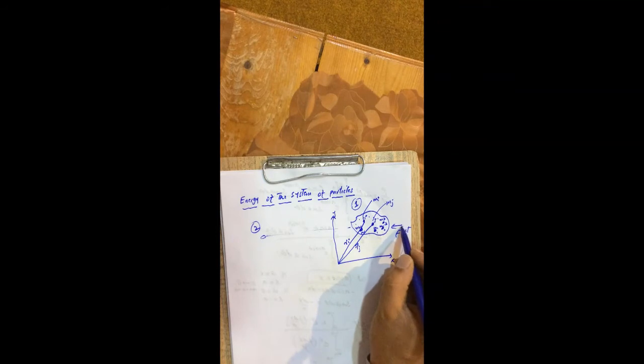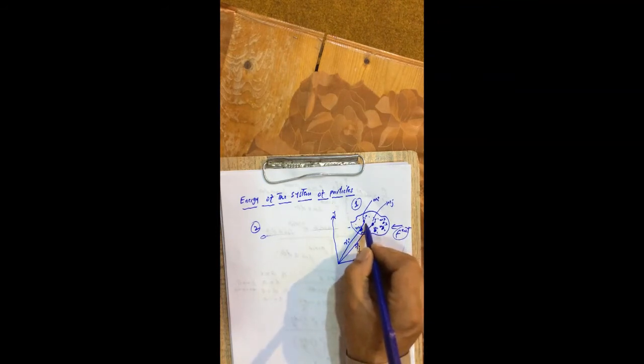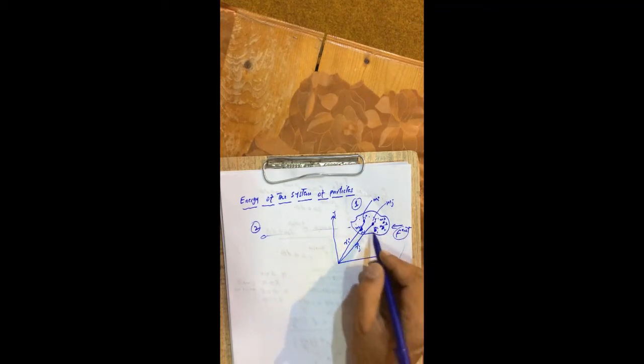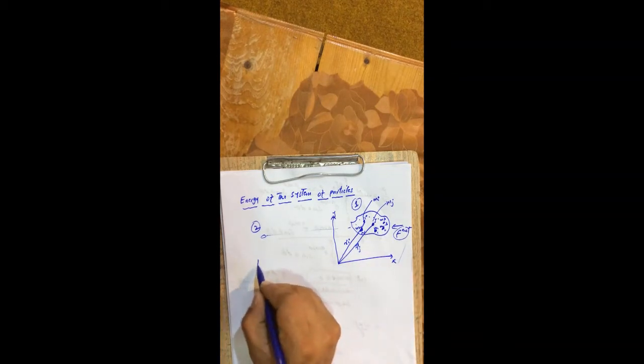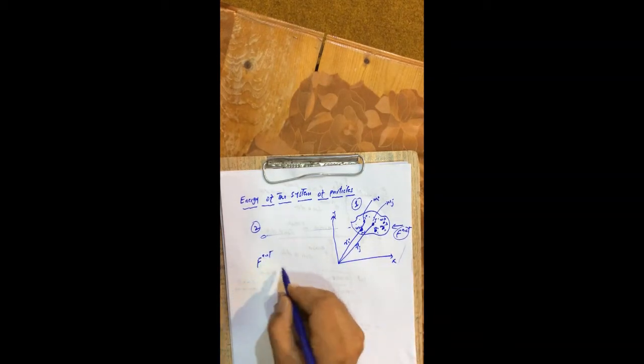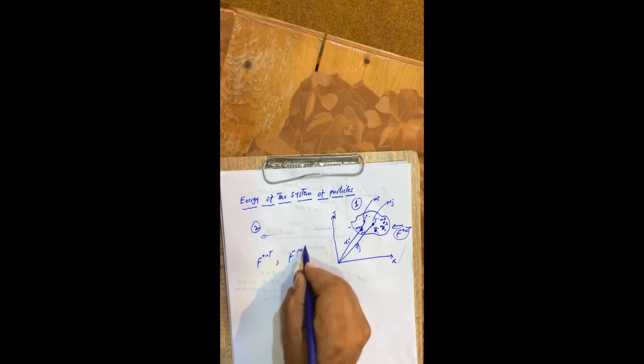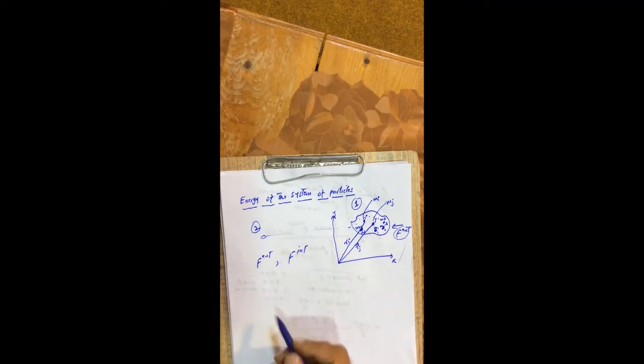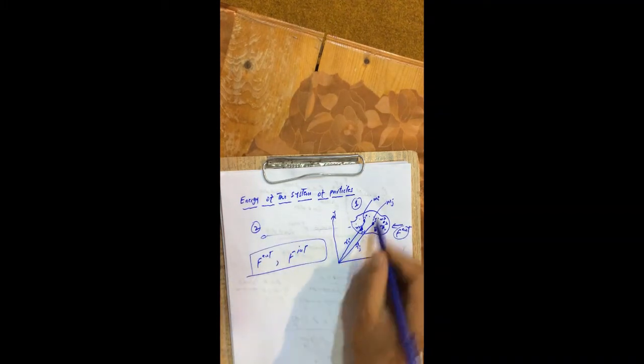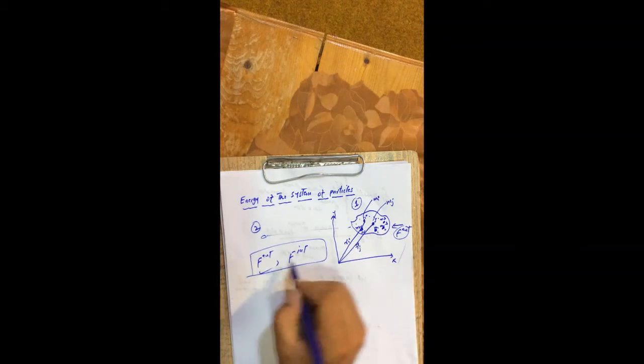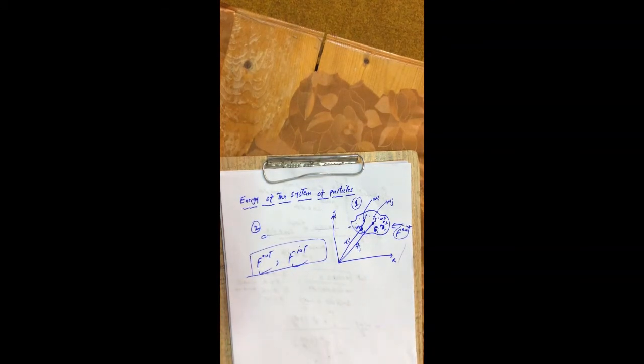Apart from the external force, there are some internal forces among these particles. So as a whole, we have two kinds of forces acting on this system: the external force and the internal forces. The total force acting on this system is the sum of these two forces, which we already discussed in our previous lecture.